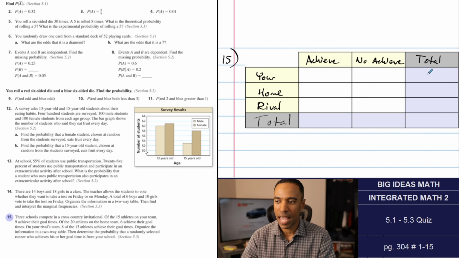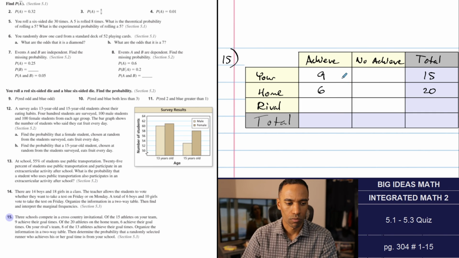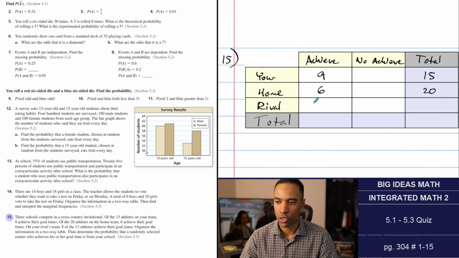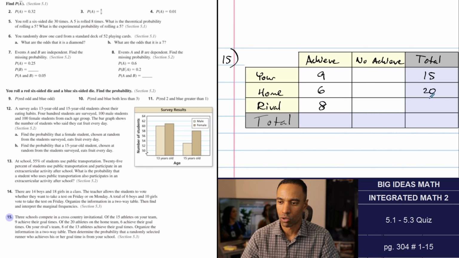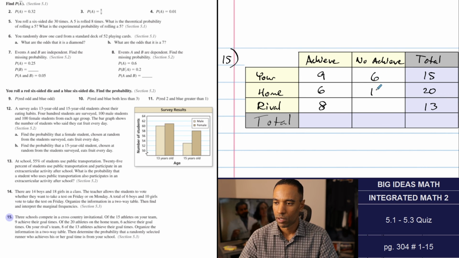Of the 15 athletes on your team, 9 achieved their goal times. Of the 20 on the home team, 6 achieved their goal time. On your rival's team, 8 of the 13 achieved their goal time. Organize the information into a table. Okay, boom. 14 and 5 did not achieve.